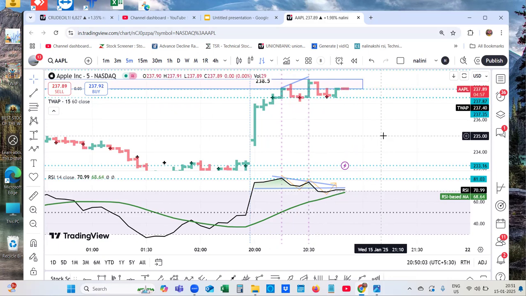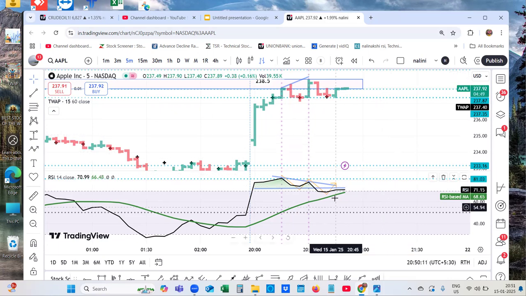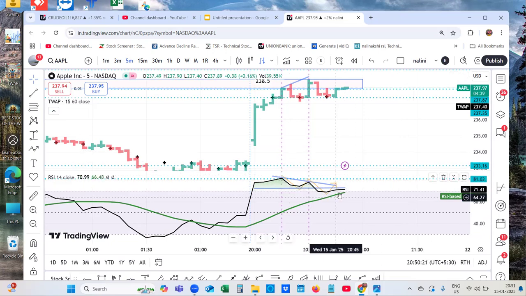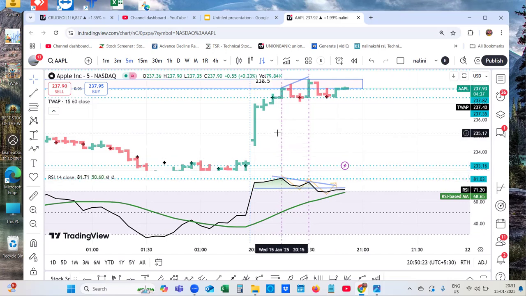One more candle has formed. Let us wait. You can see there is a bend in the RSI. RSI is not supporting. So even though you see divergence, you need to wait. Why you need to wait?